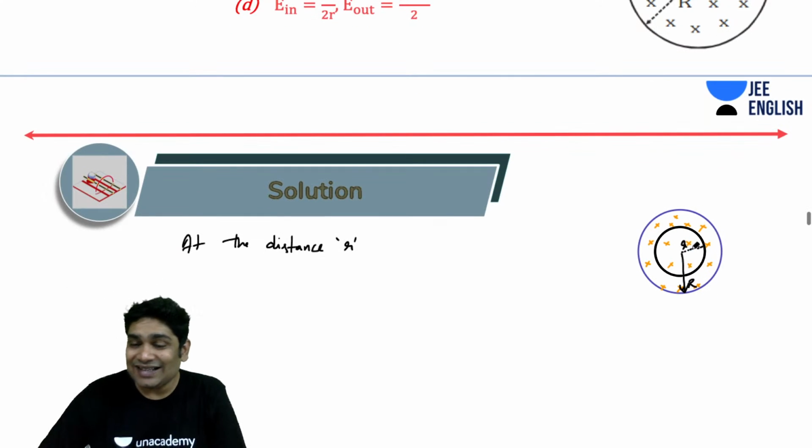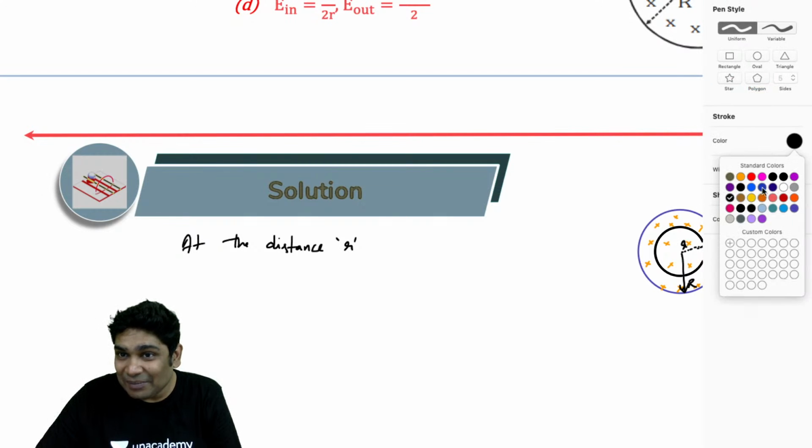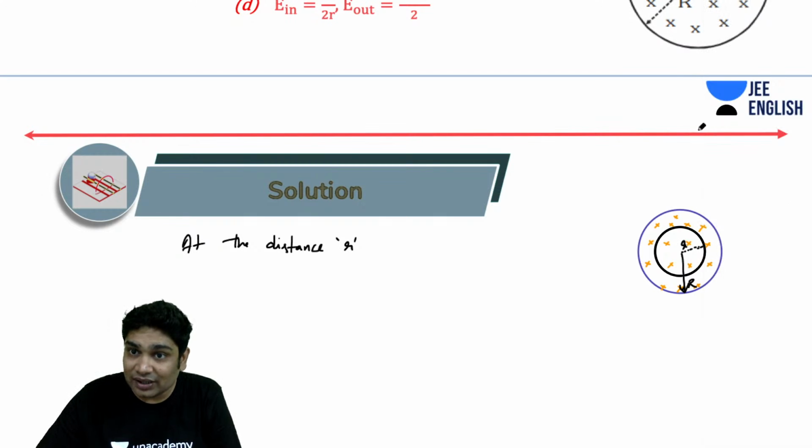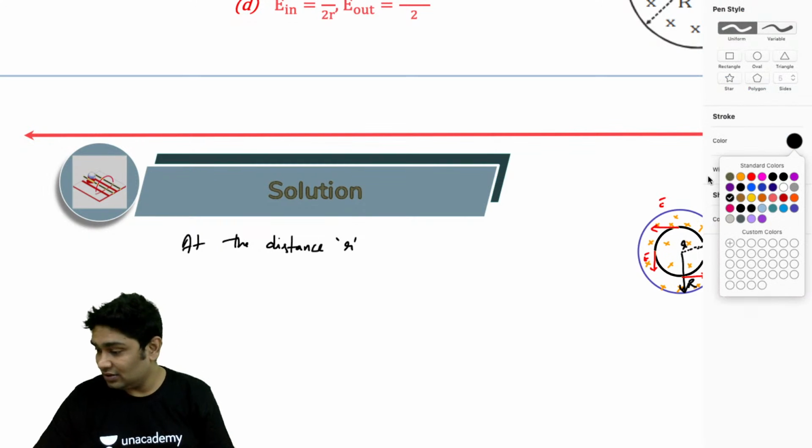Now this region has a circular symmetry, right? So this region has a circular symmetry. Now what I can say is that E at every point should have the same magnitude and the same direction, right? These are the two things that I can draw from symmetry. That one, E should be tangential at all points, and second, E should have the same magnitude, right? If E was here, here it would also be E, here also it would be E. Okay, I hope you can see that.